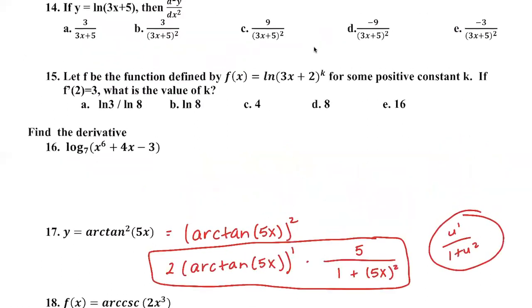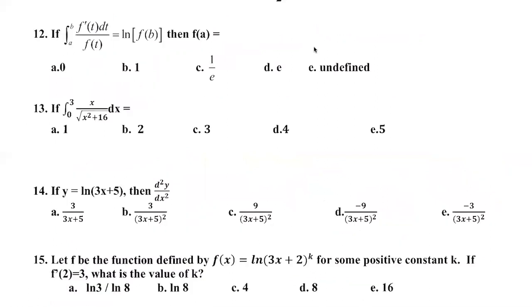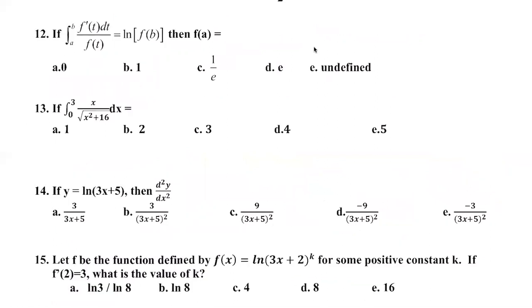You said 12? Okay, so what you want to look at here is, we have the function in the bottom and the derivative on the top. Which integral gives you the function in the bottom and the derivative on the top? ln.